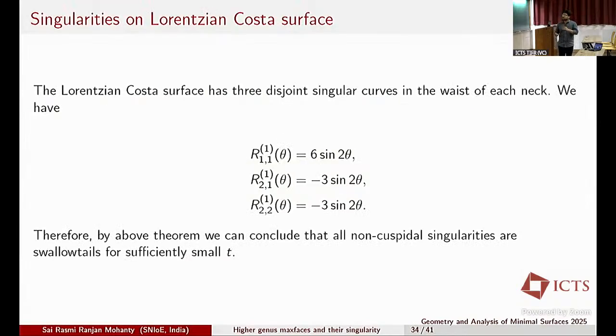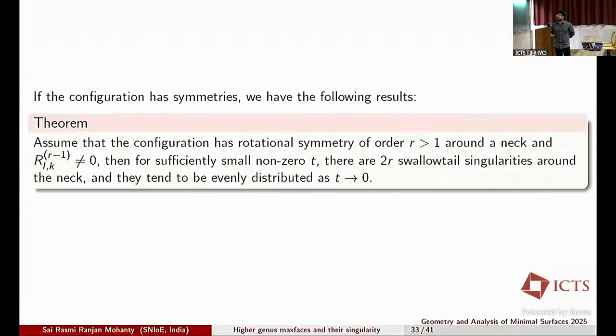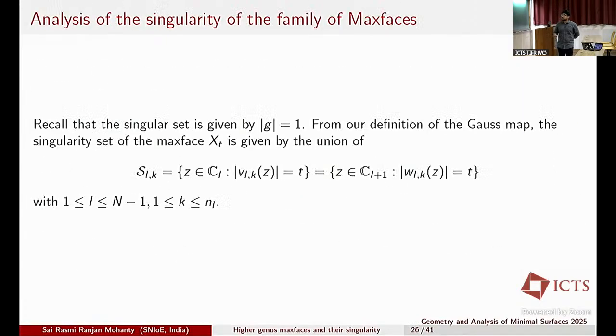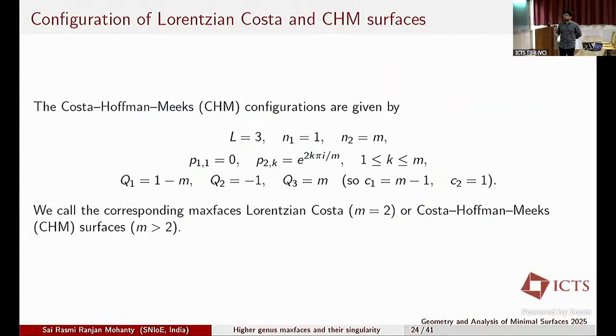We already saw the configuration for the Lorentzian Costa surface. The configuration for this surface satisfies the symmetry condition. This is the center neck, and this is the second level neck, and the neck positions follow some symmetry. They lie on the unit circle symmetrically.